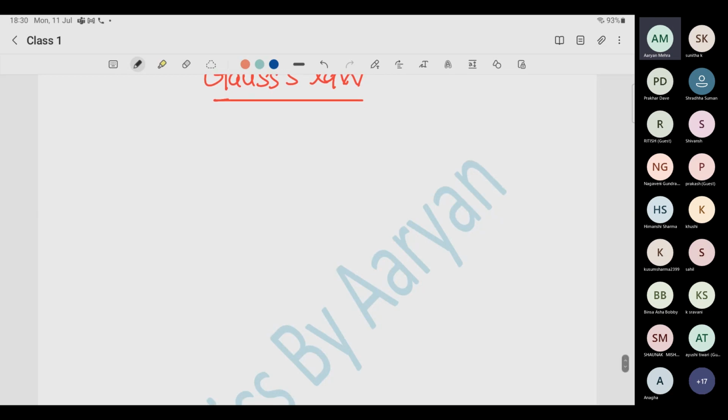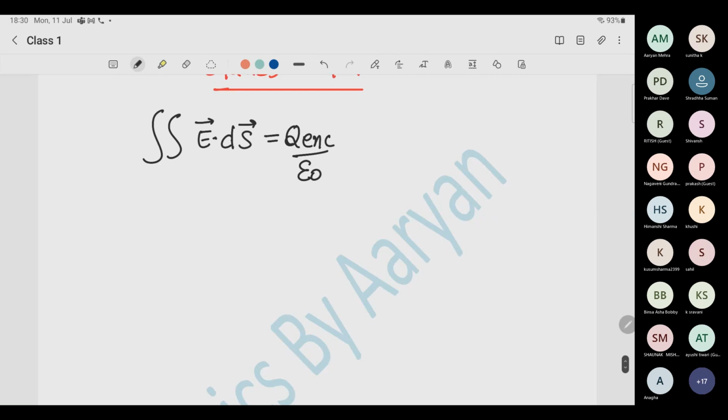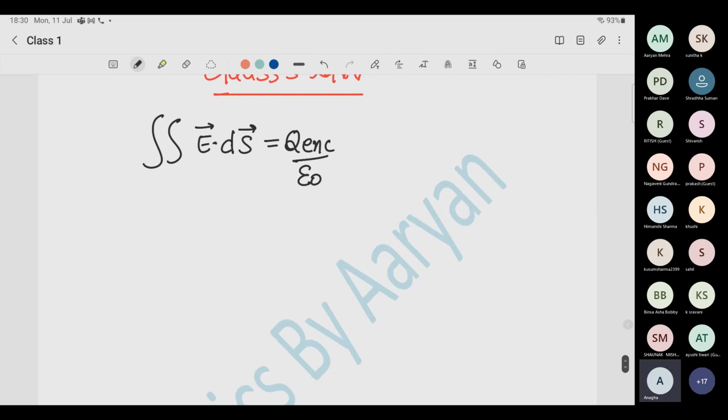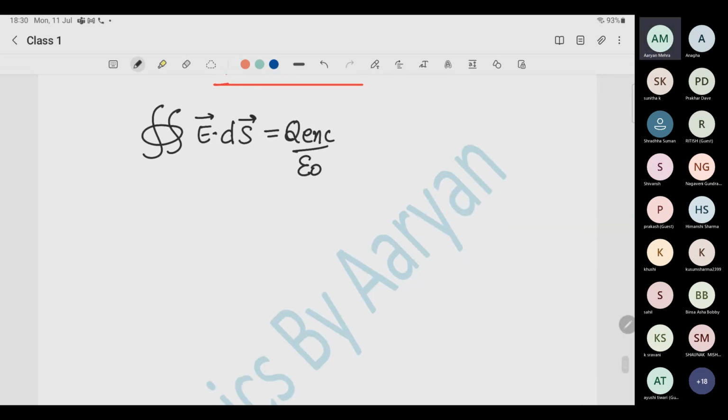So let's understand. First I will write one equation and you need to tell me if I have written this right or wrong. Do you think this is a correct form of Gauss law? Closed integral. Yes, this is an important factor. Always remember this is closed.